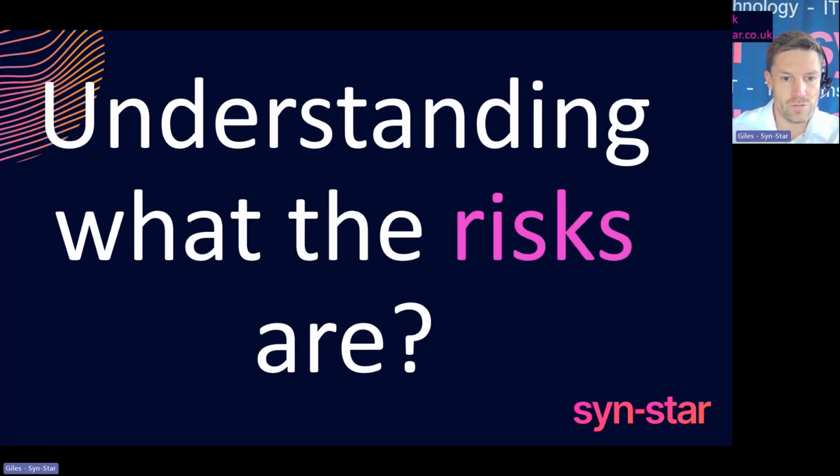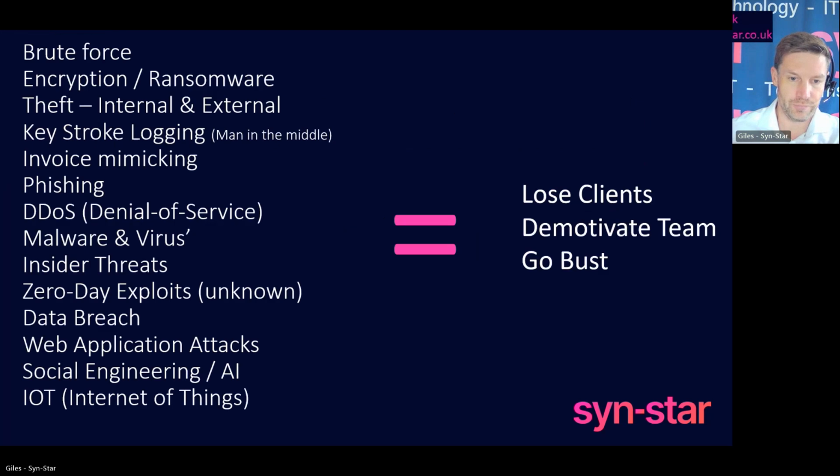So the first thing we need to really do is understand what the risks are. Whenever you're building any type of plan, you need to really understand what that is. So what are the things that you need to be protected from, and how are you going to protect them?